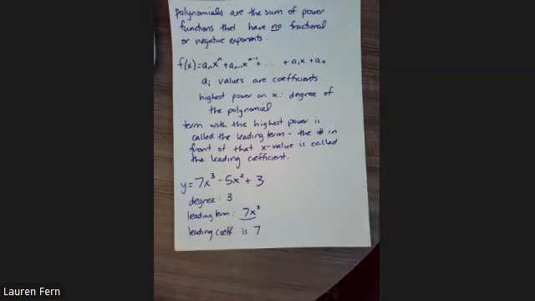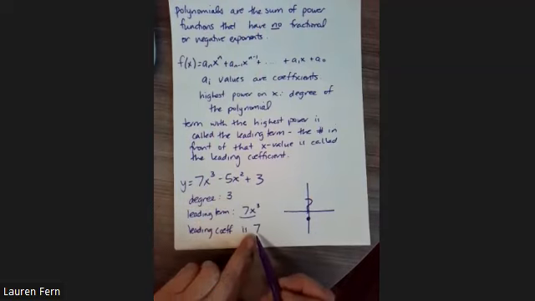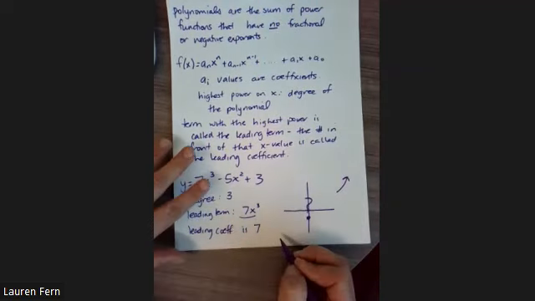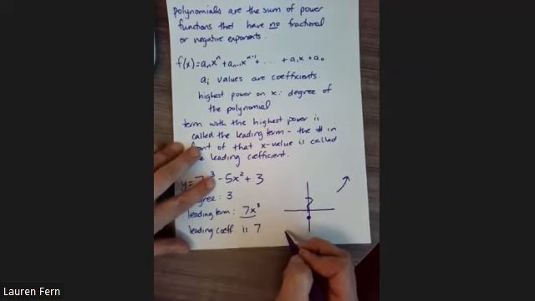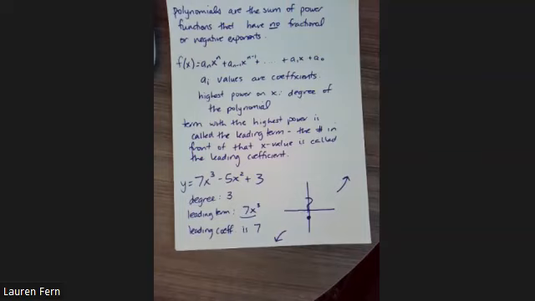Now, already from what we've talked about in terms of the long run behavior, we don't know what happens in here, but notice this is an odd degree and the coefficient in front of it is positive. So whatever else happens in here, I know as x gets big, my function's going to shoot up to positive infinity. And as x gets infinitely small, my function is going to shoot down to negative infinity.